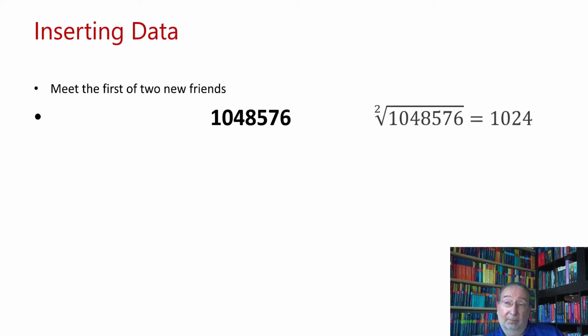This is, for all the math geniuses out there, 2 to the power of 20, or 1024 times 1024. Microsoft chose this as the size of a row group. I refer to it as a mega row, like in megabyte.